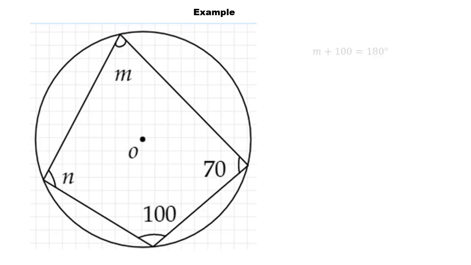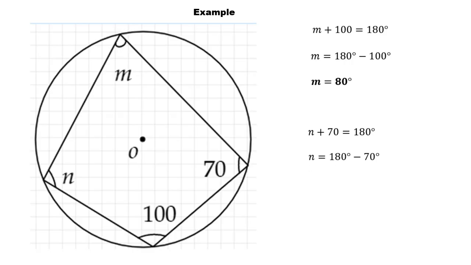Therefore, angle M plus 100 degrees equals 180 degrees. So angle M equals 180 minus 100, which is 80 degrees. We do the same procedure for angle N. Angle N plus 70 degrees equals 180 degrees. So angle N equals 180 minus 70, which is 110 degrees.